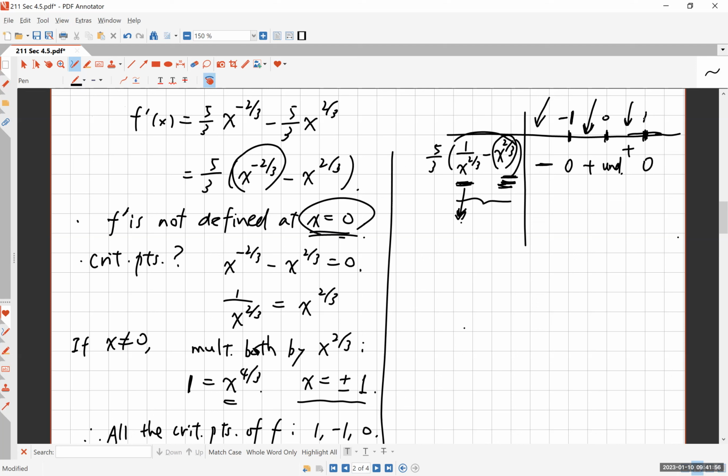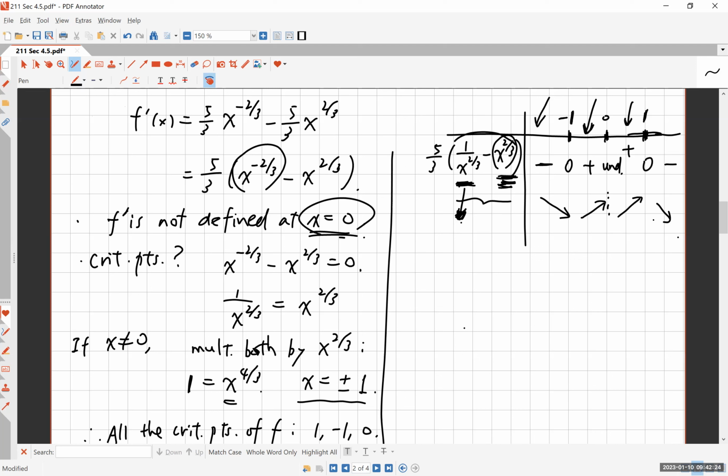And then after this, 1 bigger than 1, like 3 or 5 or 5,000 or a million, this will become a very small positive number, and this will become a very large positive number. A small number minus a large number is a negative. Okay, so roughly speaking, the graph goes like this: positive, undefined here, and then positive and negative.